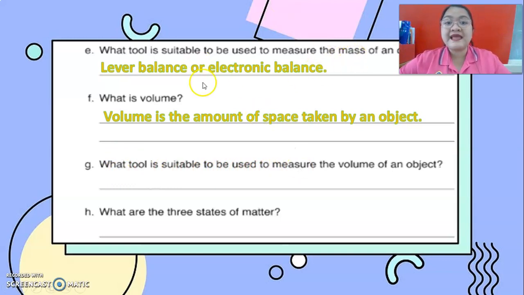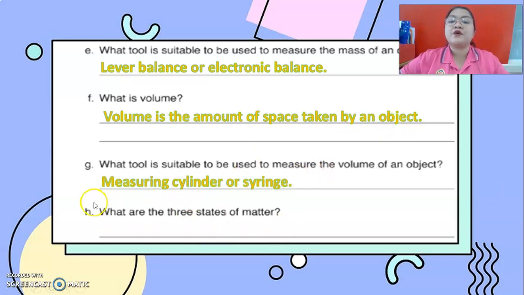In mass, we use lever balance and electronic balance. So in measuring volume, we're going to use, 5, 4, 3, 2, 1. Very good. We use a measuring cylinder or syringe.